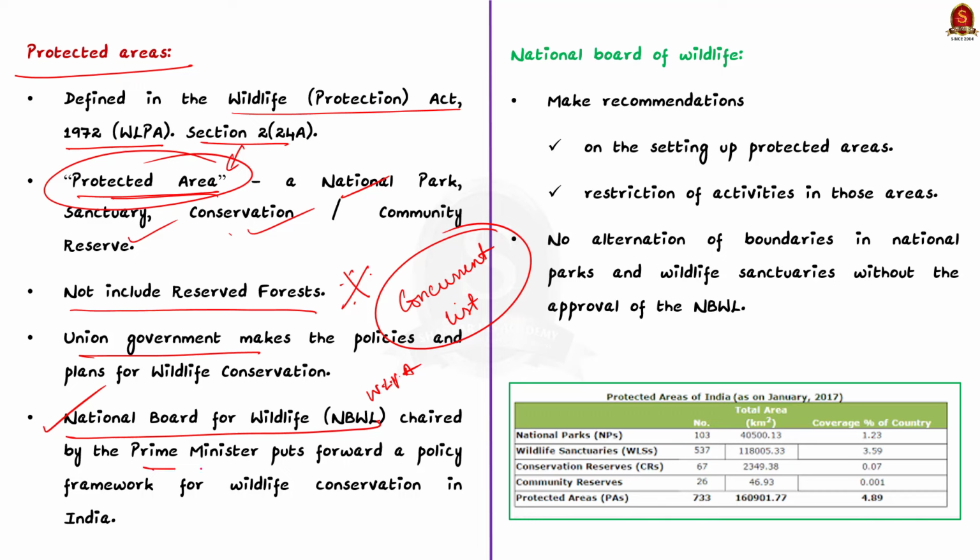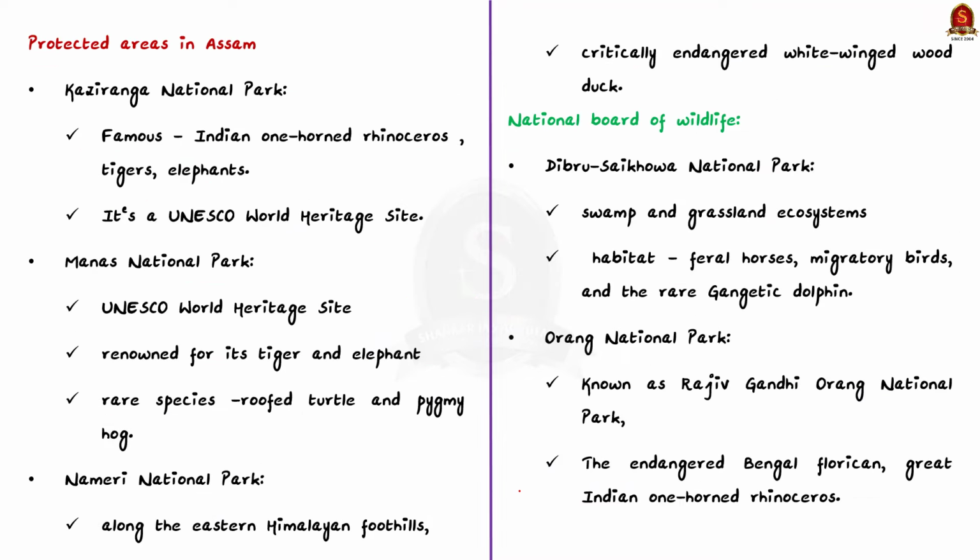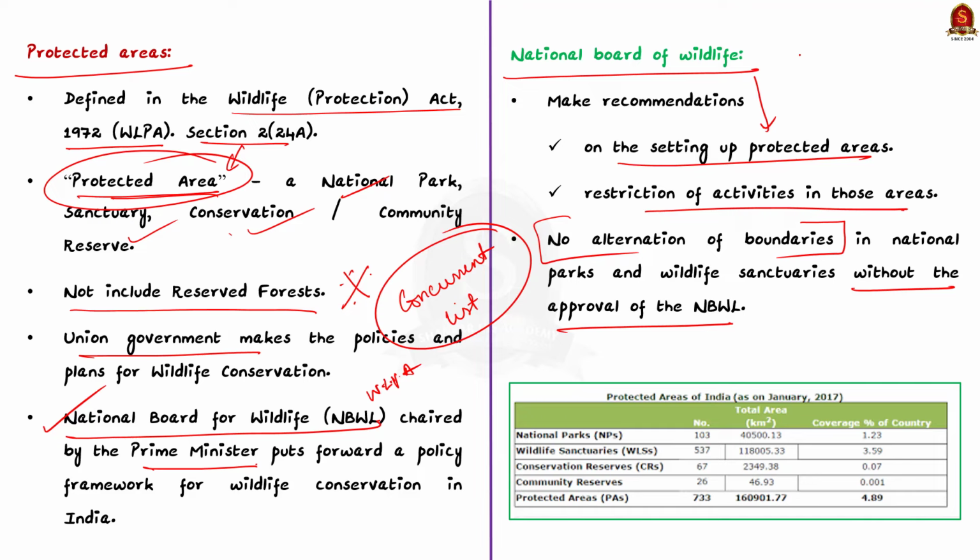The National Board for Wildlife may make recommendations on setting up and management of national parks, sanctuaries and other protected areas, so that no alteration of boundaries in a national park or wildlife sanctuary can be done without the approval of the National Board for Wildlife. In addition to this, the State Board for Wildlife shall advise the state government on selection and management of areas that are to be declared as protected areas.